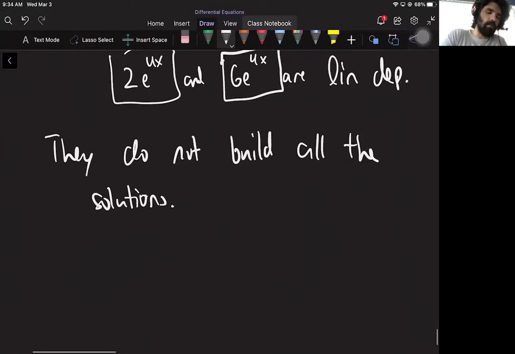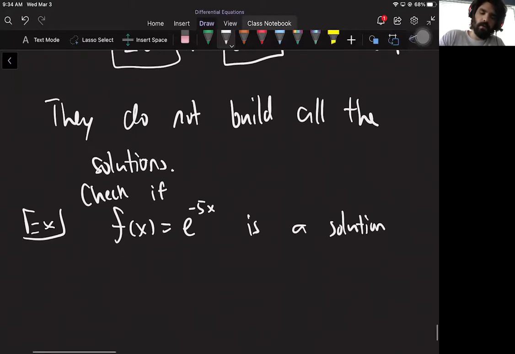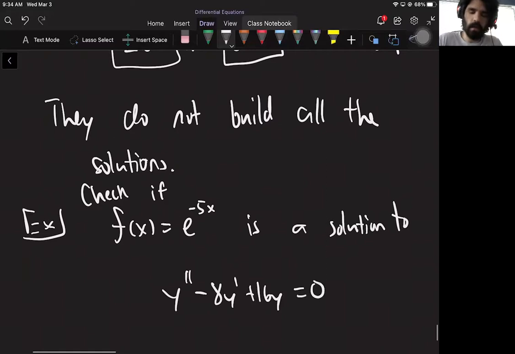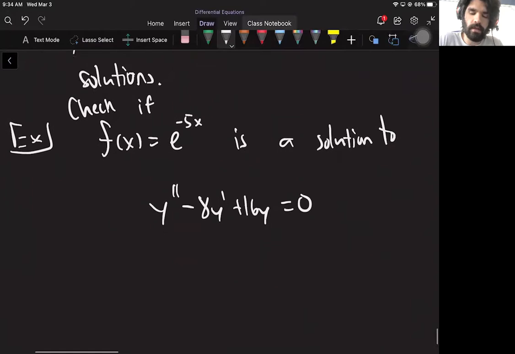All right, so one more example, just to apply this stuff. So if I said check if this is a solution, you do know how to check. So let's say check if this thing is a solution to the same differential equation. If I ask you to check, of course, you know how to check by taking derivatives and plugging it in to see if it works, but we don't have to do that anymore because we already know the general solution.